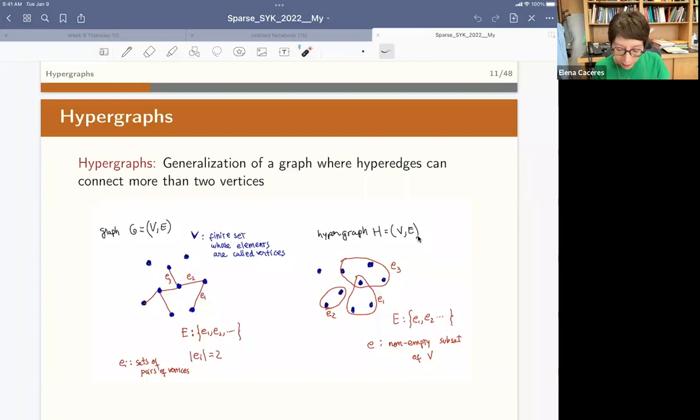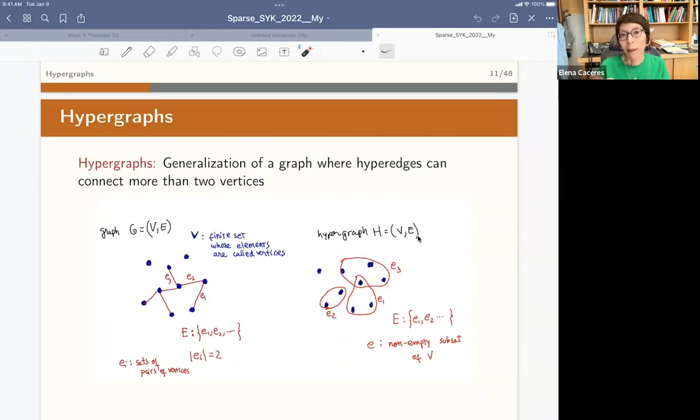Now, when we deal with hypergraphs, unlike with graphs, where you can draw a lot of figures and diagrams, think about trees and different types of structures, and it's very easy to picture them, with hypergraphs you don't go around drawing these things.